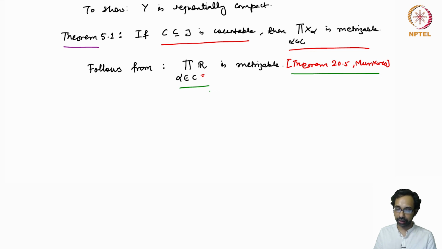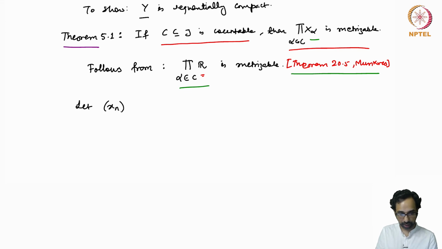If you take the metric defined there, Munkres gives a specific metric which gives you the product topology, and with the same metric this countable product of X alphas is also going to be metrizable. So with that said, let us see why our space Y is sequentially compact.